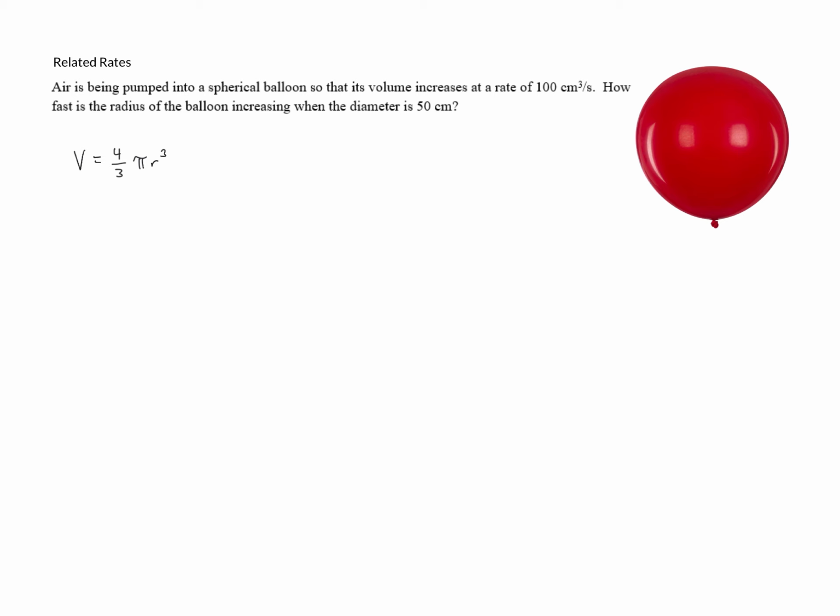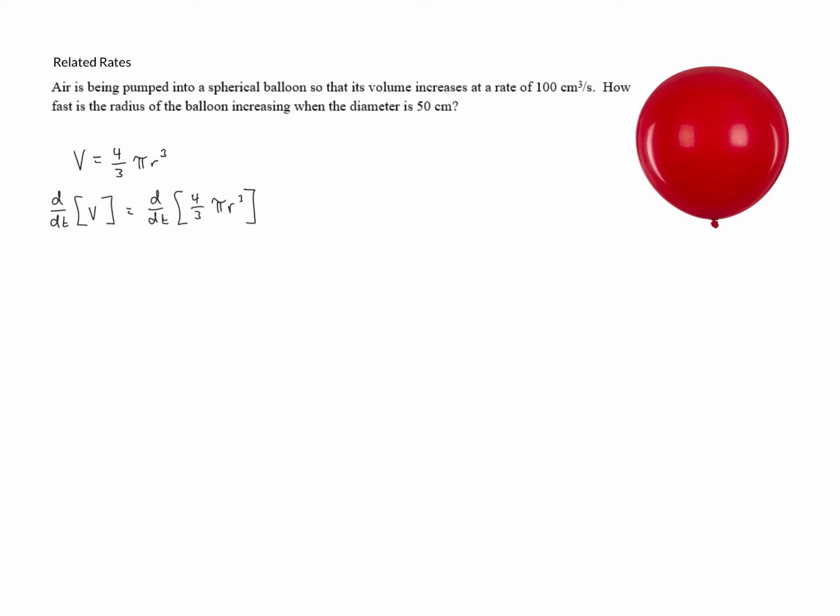These are both functions of time, and so what we can do is differentiate both sides of this with respect to time. So we've got d over dt of V equals d over dt of 4/3 pi r cubed.